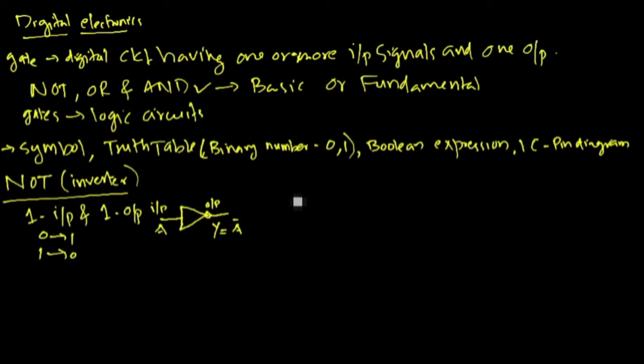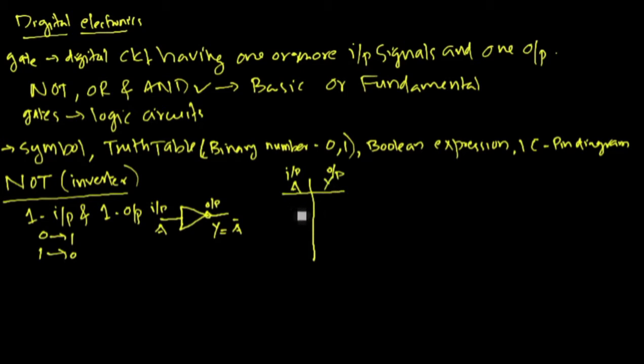Now the truth table is a table which contains the output of that logic gate for different combinations of the input. So we need a table consisting of the inputs and outputs. Here the input is only one, A, and the output is Y.